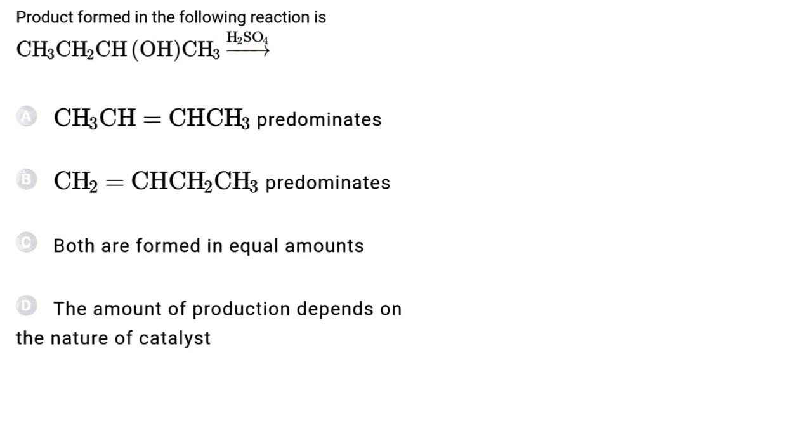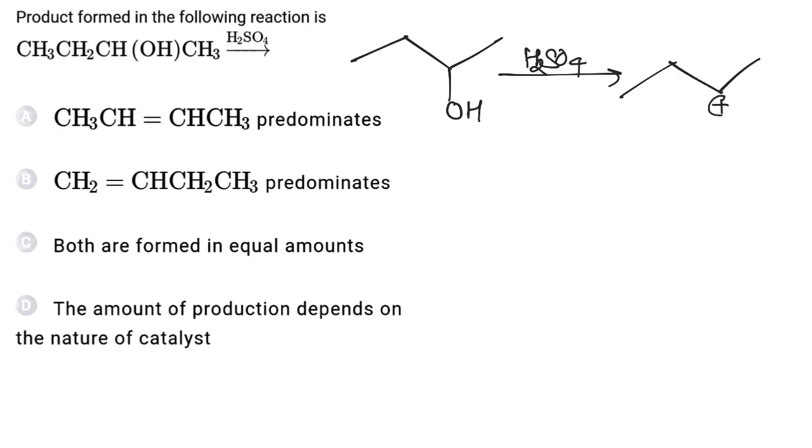The product formed in the following reaction is, now 2-butanol is taken and 2-butanol reacts with H2SO4. First of all, H2SO4 will convert the alcohol to carbocation.